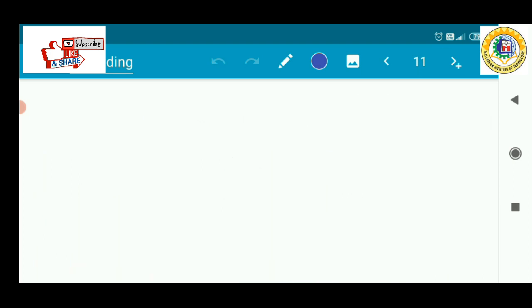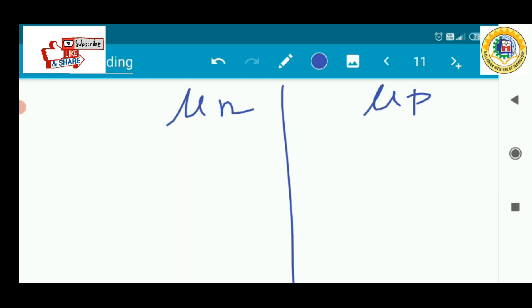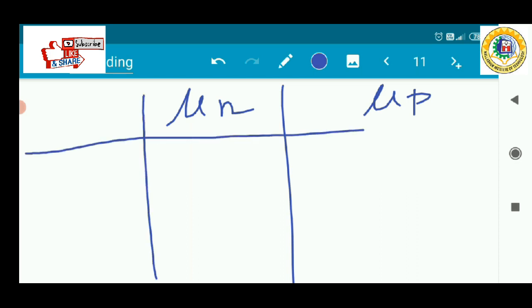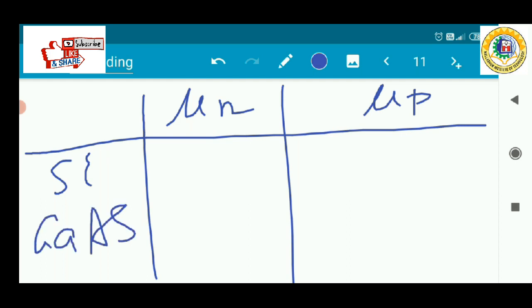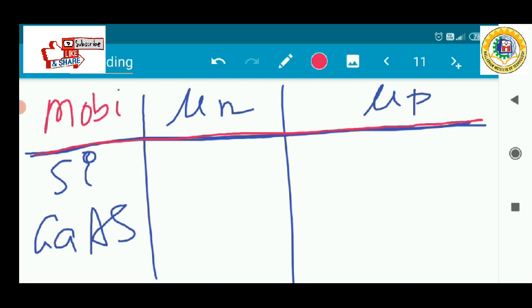Now there is a table that you must know, the mobility for electrons and the mobility for holes, and which one is higher. Mobility is expressed for different semiconductor materials, silicon and gallium arsenide, I am writing these two. The theoretical definition, not the mathematical definition, is how well the carrier can move inside the semiconductor, and that is expressed by the mobility.